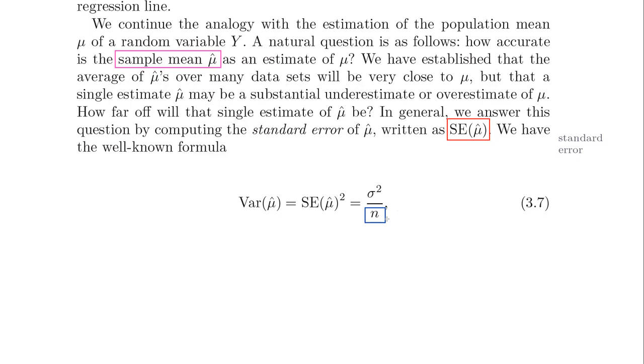The higher the n, the lower the standard error, right? You have more data. The way we're defining standard error, it is inversely proportional to the number of observations. It's directly proportional to what? To sigma squared. Now, what on earth is sigma squared?